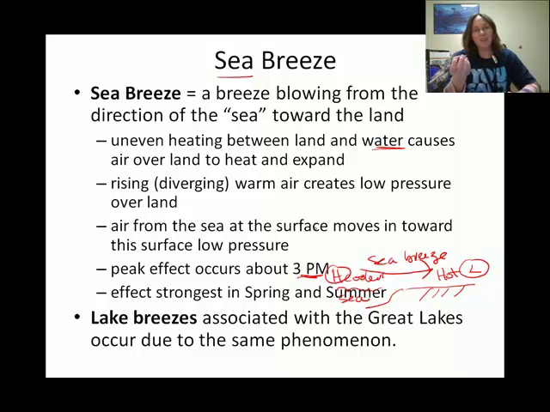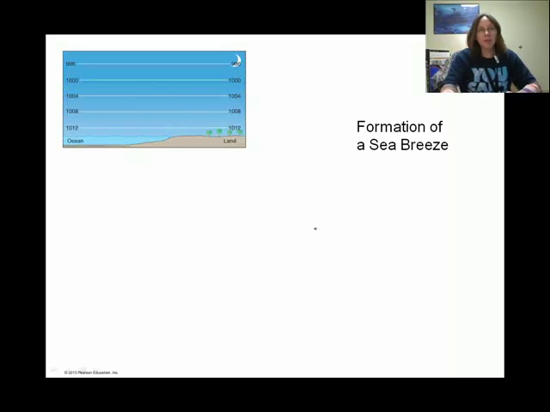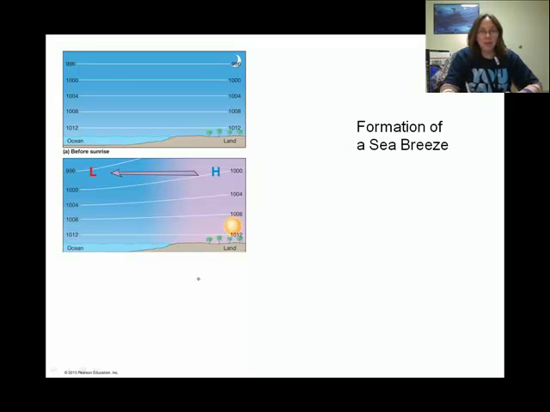Not bad. So I'm going to go ahead and show you the pictures here. A picture's worth a thousand words. Here you can see these are isobars, looking at the vertical profile of the atmospheric pressure. And what you're seeing here is that the land is heating up, and we're ending up with a lower pressure.